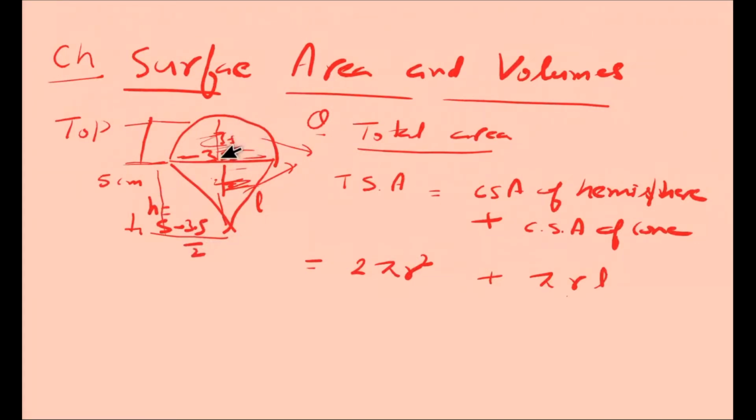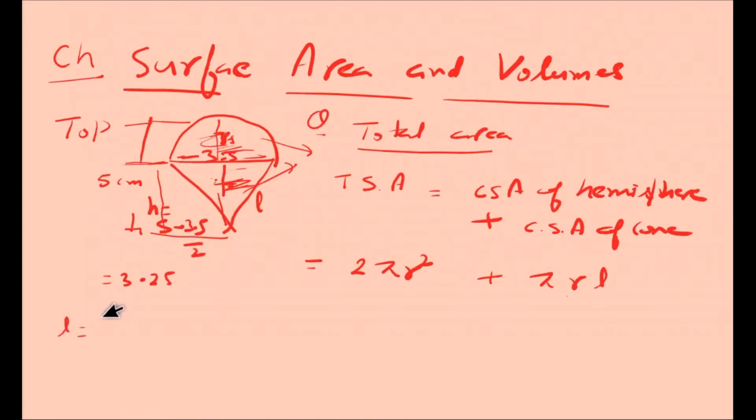This part is the radius, equal to 3.5 upon 2. So this way you first find the height, and solving this we get 3.25. Understand this.